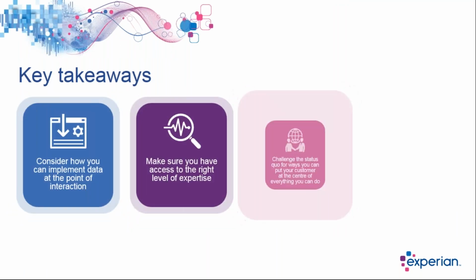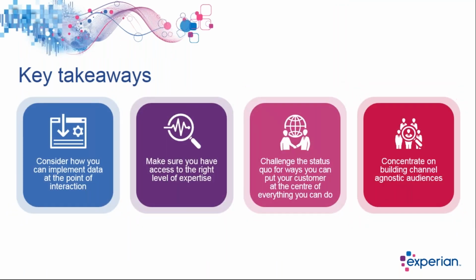So, some key takeaways, just to summarize here. It's very important to consider how you might go about this, how you might implement data at the point of interaction. There are numerous ways that you could do it. This is one example that we've come up with, but really the key concept is applying all of your data at every interaction.